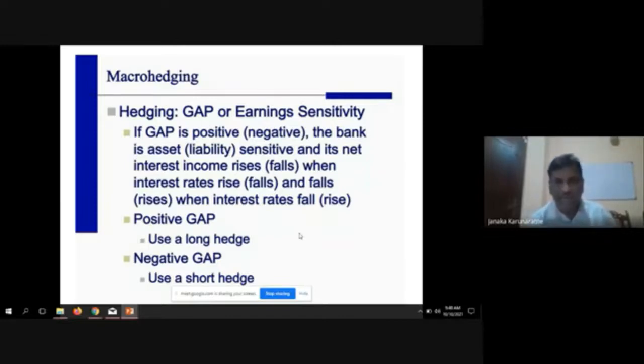For example, if you have a short position, the depreciation of rupee against dollar will negatively affect you. So you have an oversold position, then you will be at risk. So you have to look at how you can minimize the open positions you have, right?